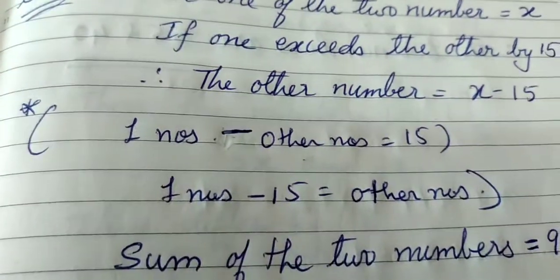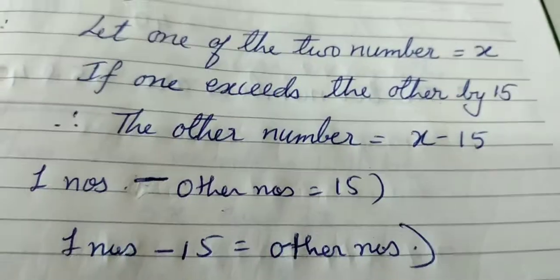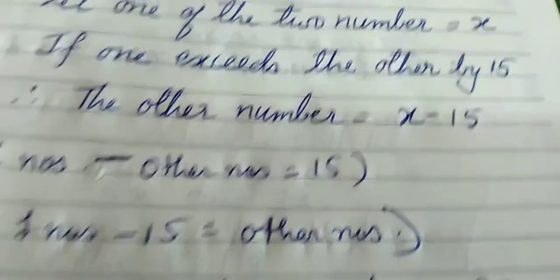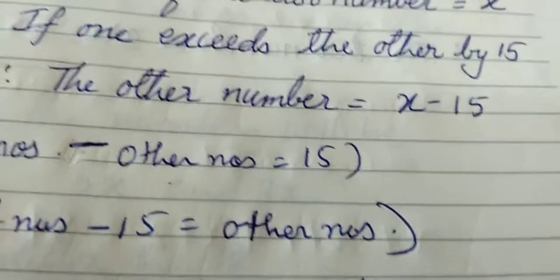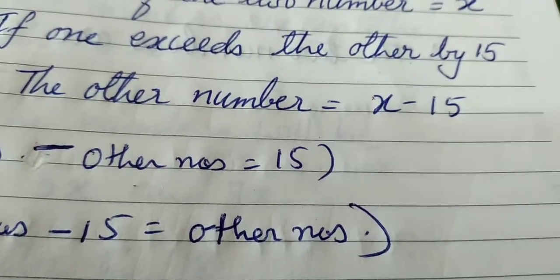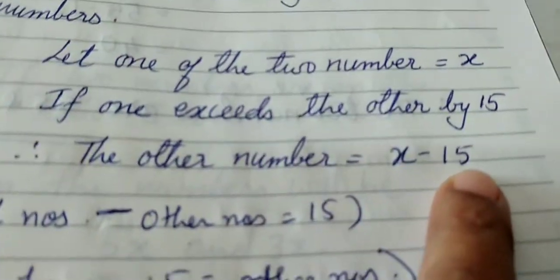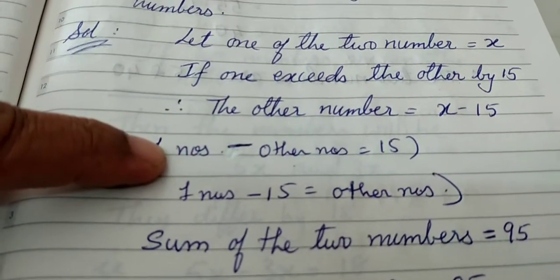So to find out the other number, what will you do? Other number will be 1 minus 15, and what we have taken in place of one number, that is x. We have assumed it as x. So your mathematical expression for the other number will be x minus 15. Understood why you have got x minus 15? It is just because of this theory, right?